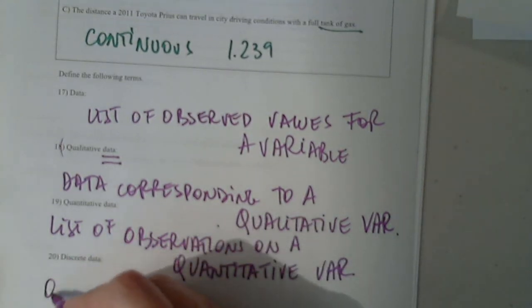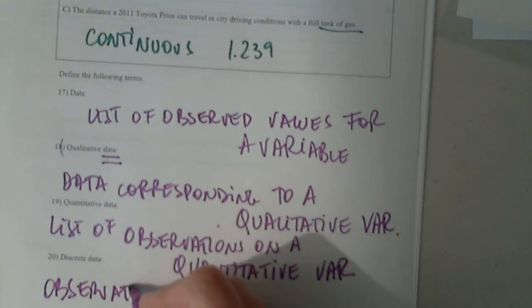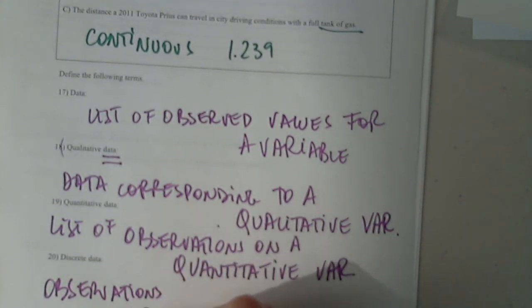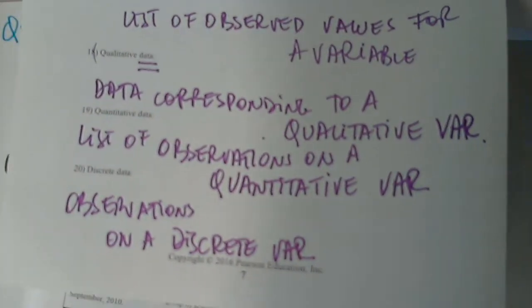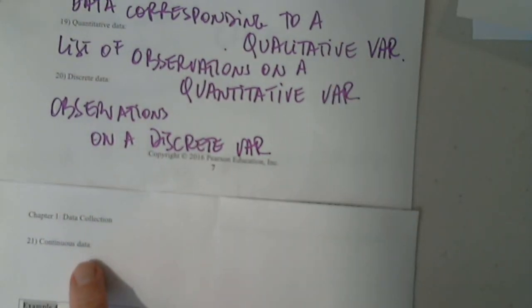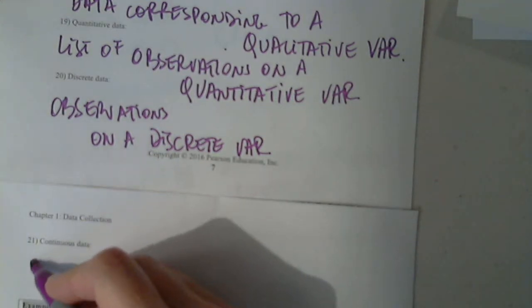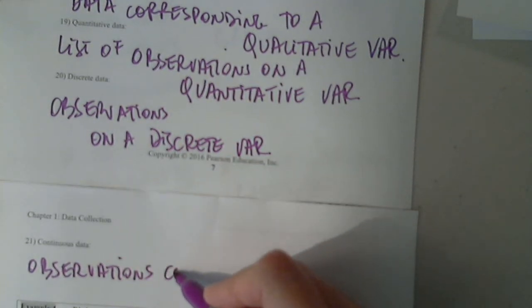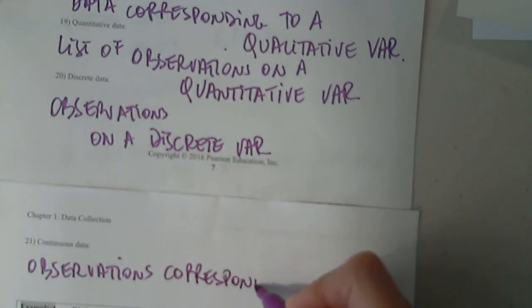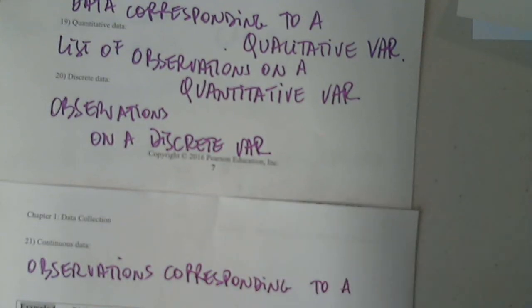So observations on a discrete variable. And finally, continuous data. Observations corresponding to a continuous variable.